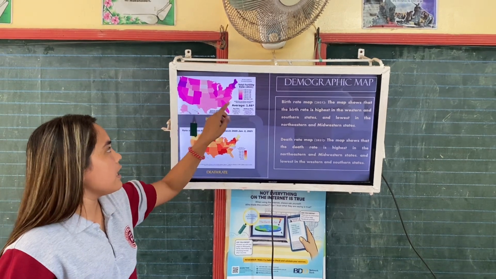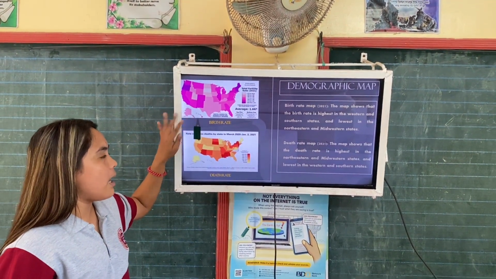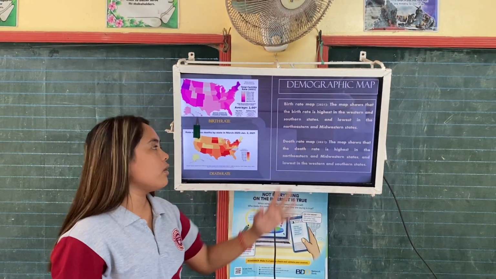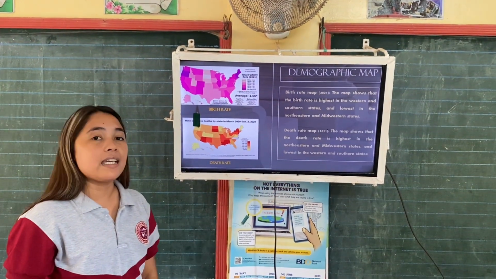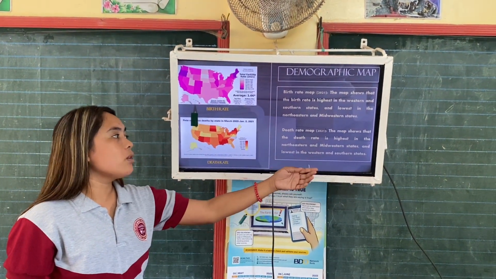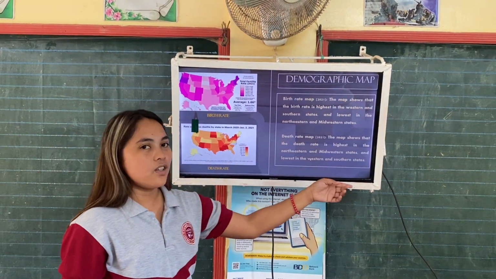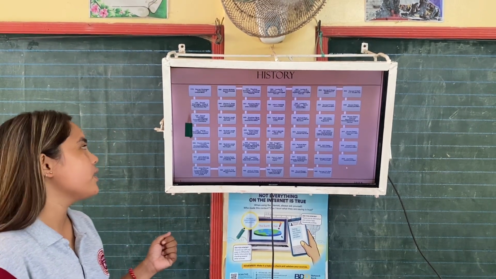This is the legend of the birth rate map. Then we have the death rate map, also as of 2021. The map shows that the death rate is highest in the northeastern and midwestern states and lowest in the western and southern states. Move on to the history of the United States of America, or the USA.